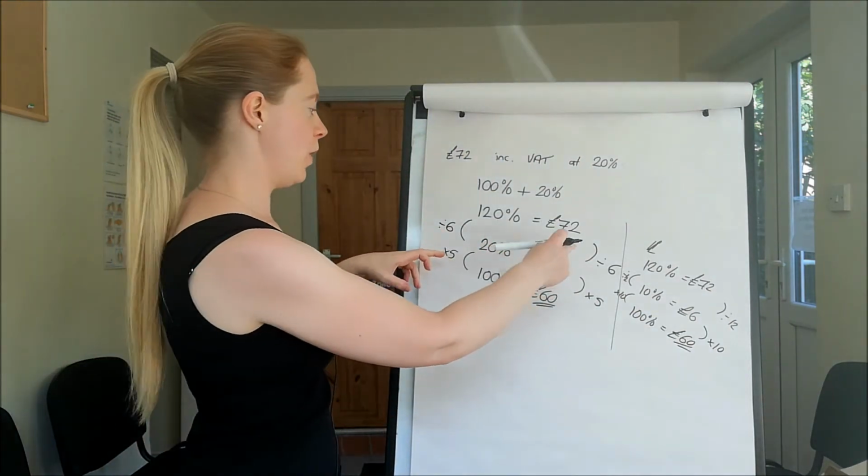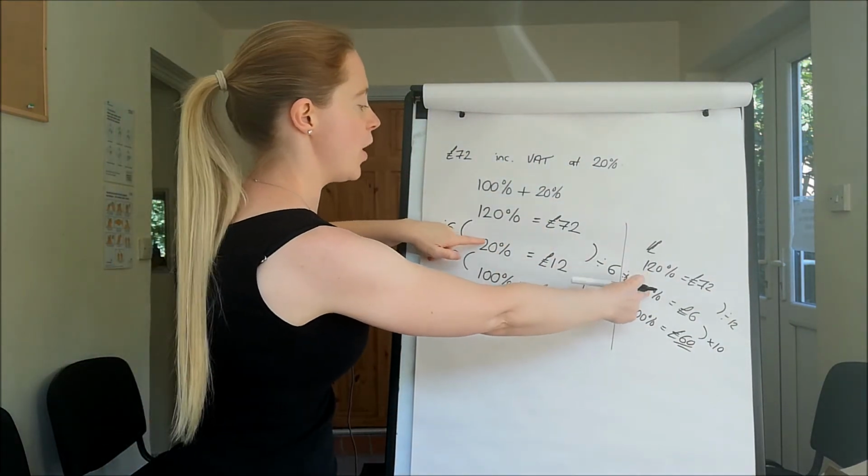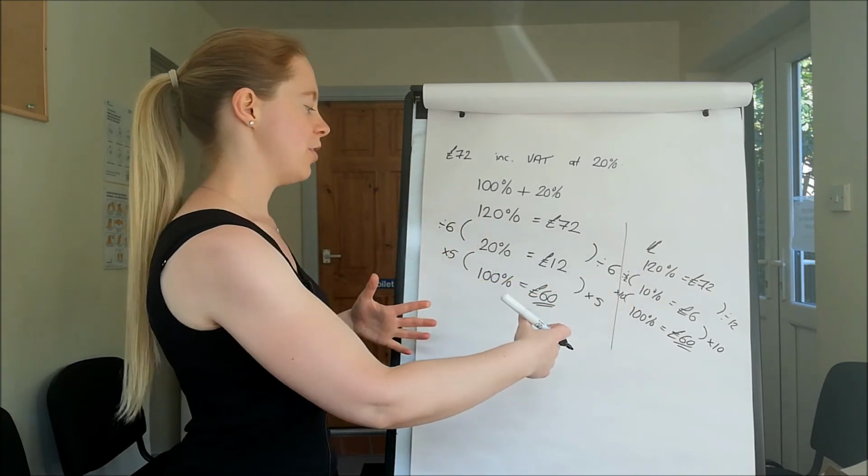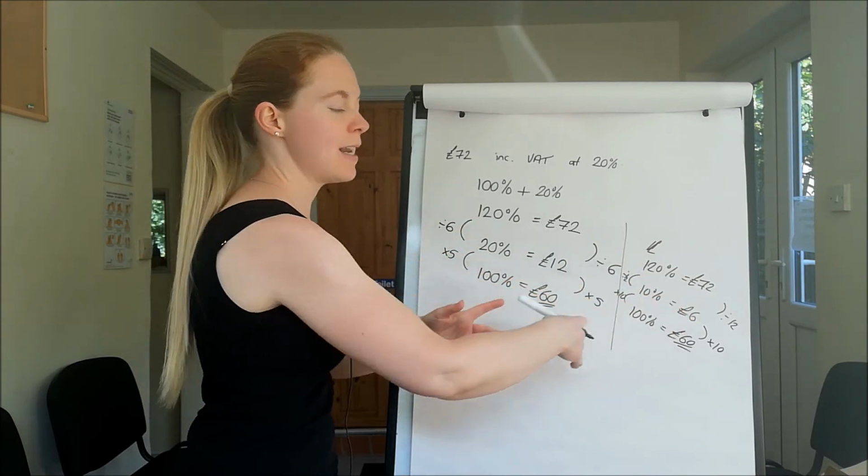So not everybody will scale down using the same number to the same chunk, but what matters is that everybody ends up with 100% equals.